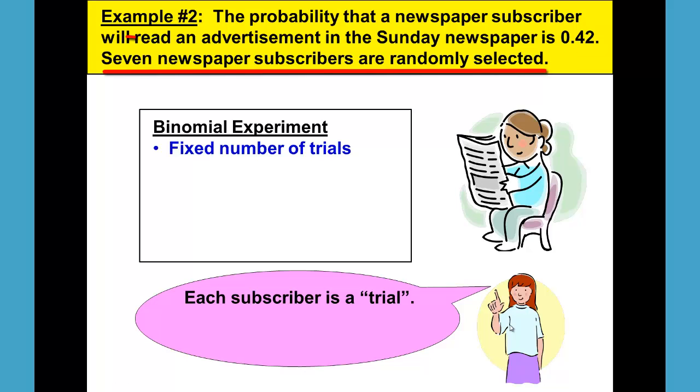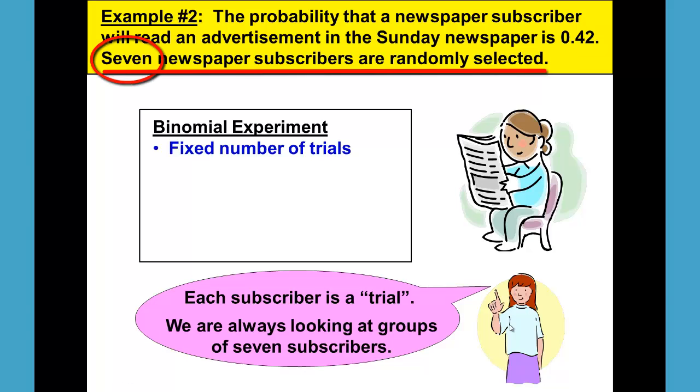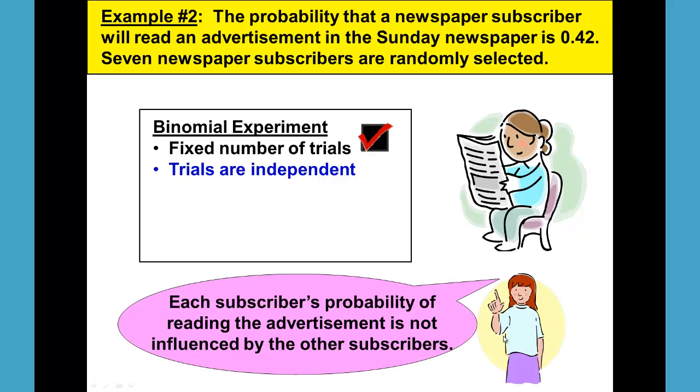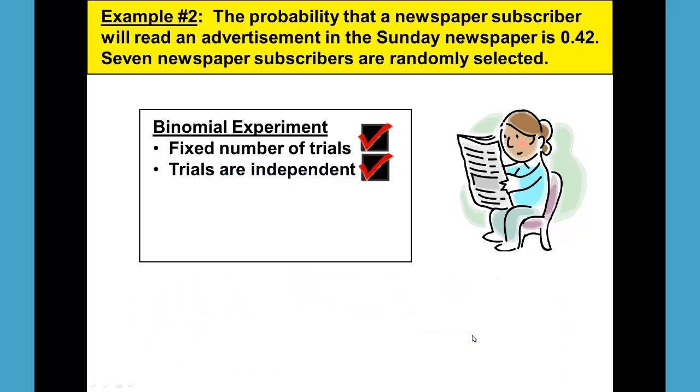So 7 newspaper subscribers are randomly selected, and we're always looking at the groups of the 7 subscribers. Yes, we have a fixed number of trials. Trials are independent. Each subscriber's probability of reading the advertisement is not influenced by the other subscriber. So yes, the trials are independent.